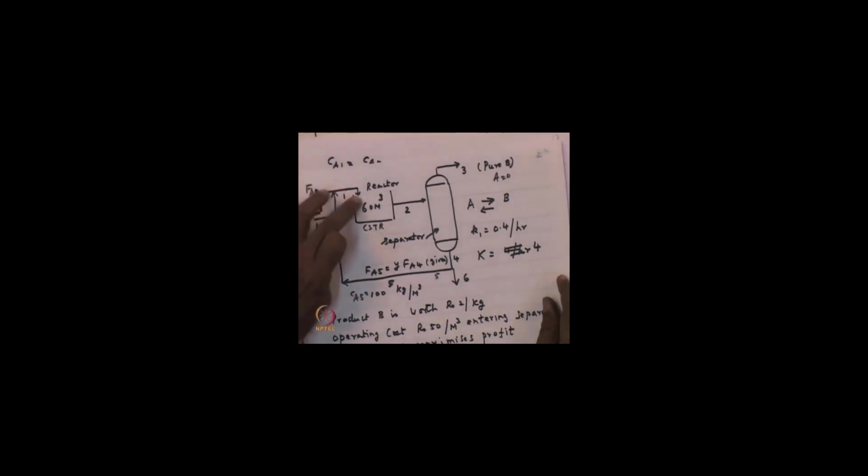So, therefore, V 2 equal to V 1, therefore, C B 2 becomes C A 1 times alpha, and we have said just now that C A 1 is, because C A stream 5 is made up to concentration of 100 kg per cubic meter same as C A 0, therefore, position 1 concentration is C A 0. So, we replace C A 1 as C A 0, therefore, we get C B 2 as C A 0 times alpha. What is C A 2? C A 2 is F A 2 by V 2, which is F A 1 times 1 minus alpha over V 1, once again it is C A 0 times 1 minus alpha.